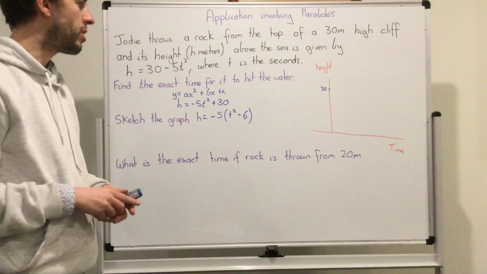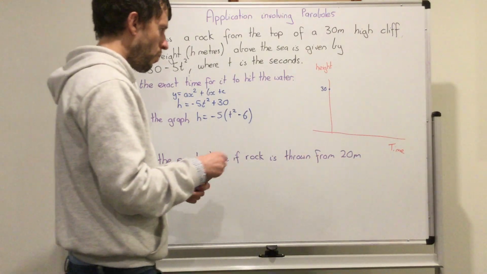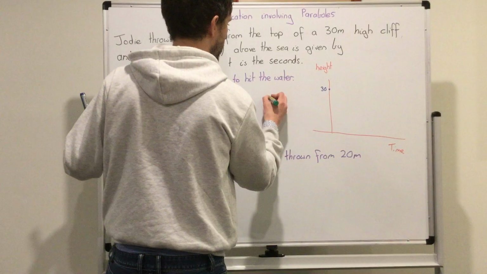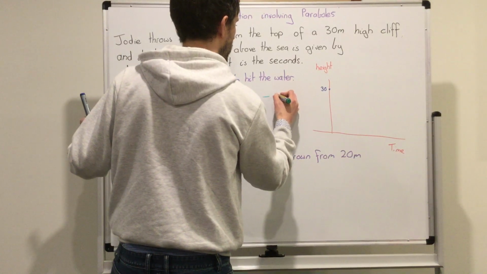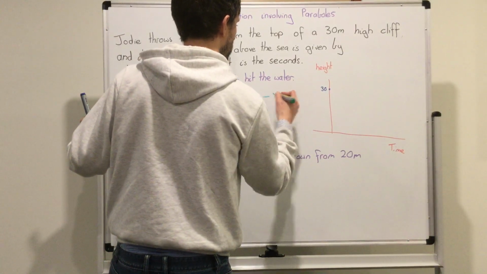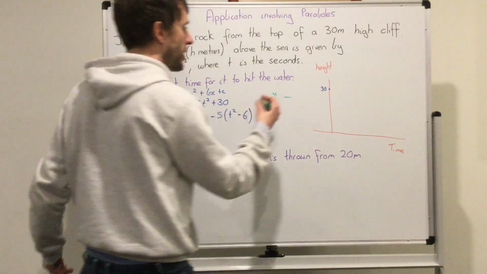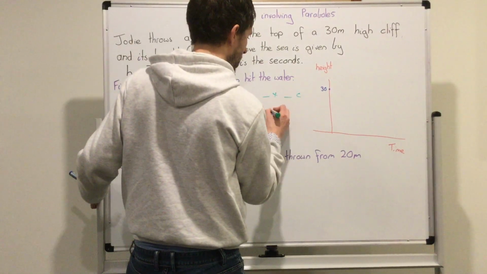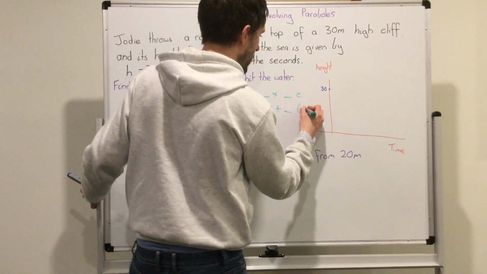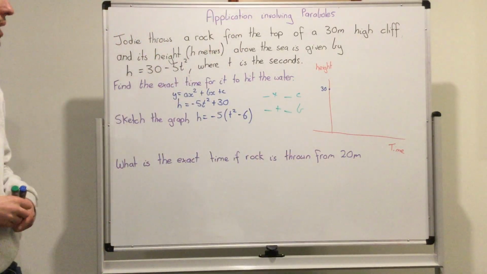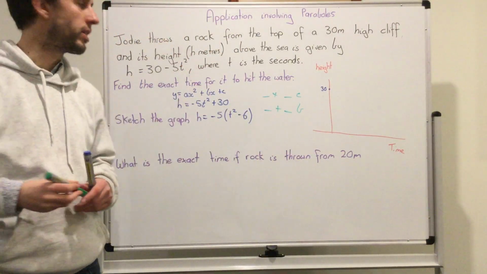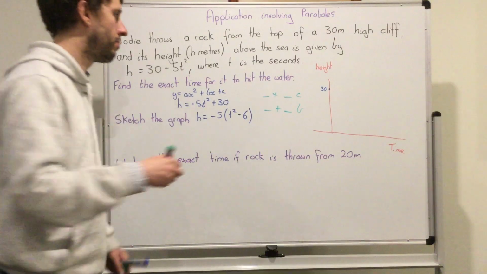So we've got t squared minus 6 in the brackets. Now, when we're factorising, we look at two things. We need two numbers that multiply together to equal c, and two numbers that add up to equal b. We know b is not in here, so that means it's 0.